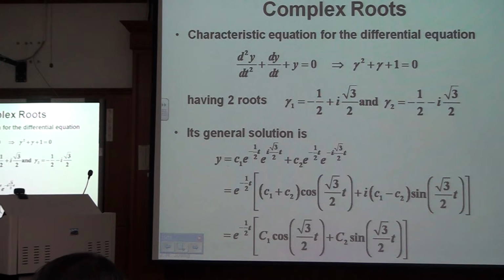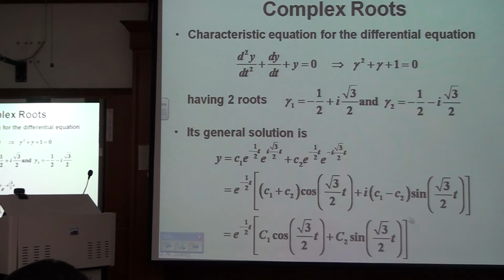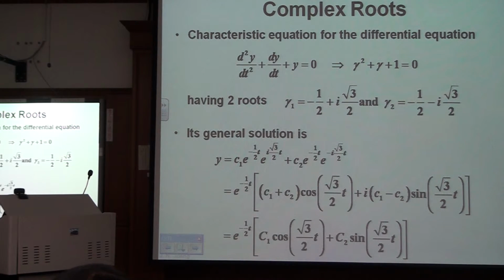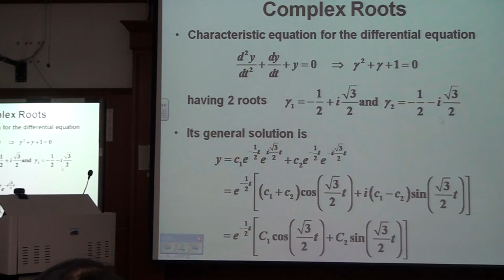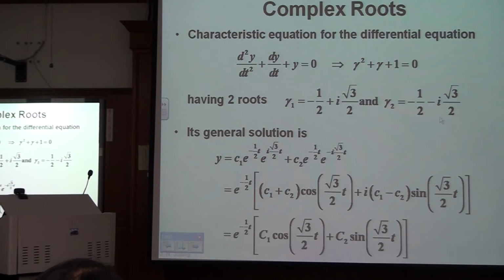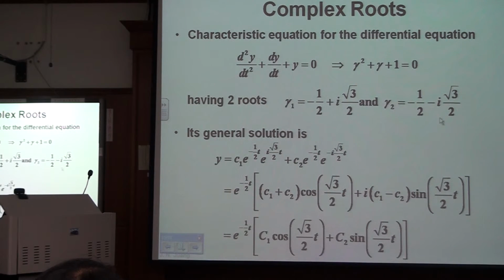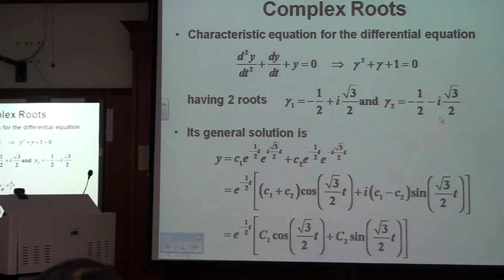So your solution y, you're supposed to write in this way, because this one has a physical meaning. The i here, imaginary, just gives you some mathematical convenience to solve the equation of motion.